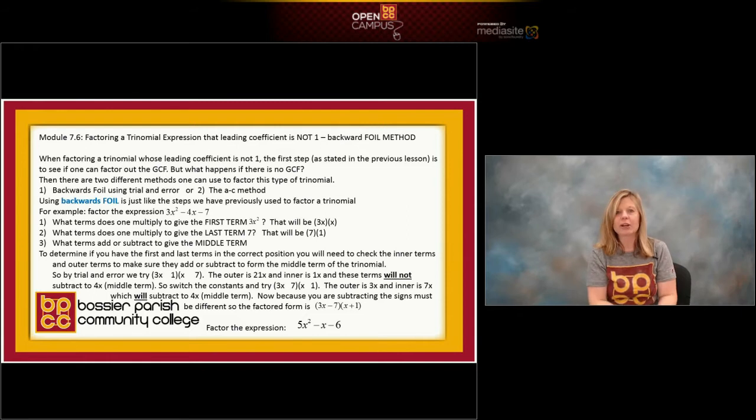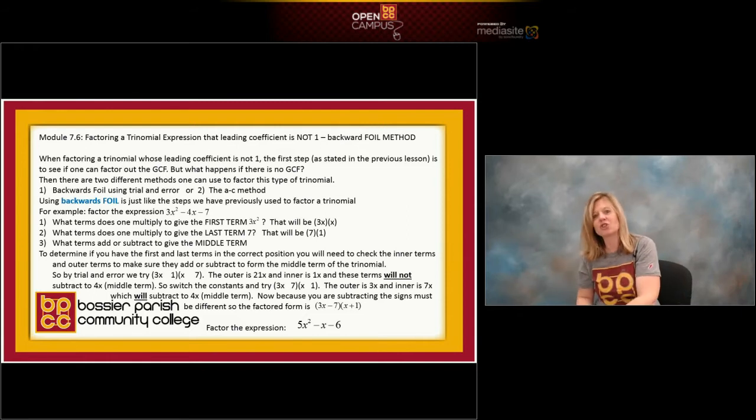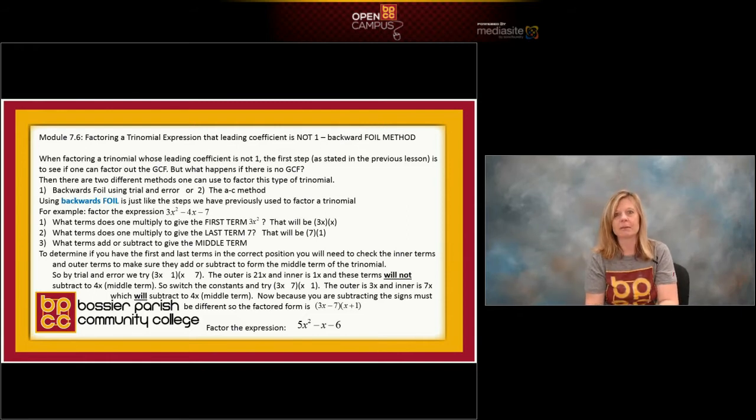After the first term, I go to the last term. My last term is 7. Remember, don't look at the sign yet, just look at the number. What are the factors of 7? Well, 7's prime, so my only option is 1 and 7. Now, here's the catch. I know 1 and 7 is never going to subtract to make that middle term -4.